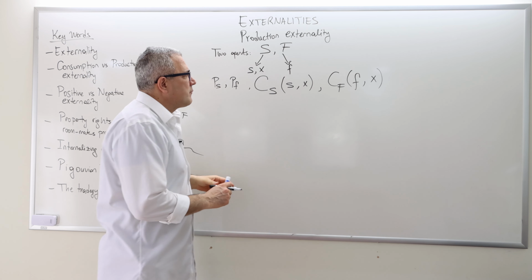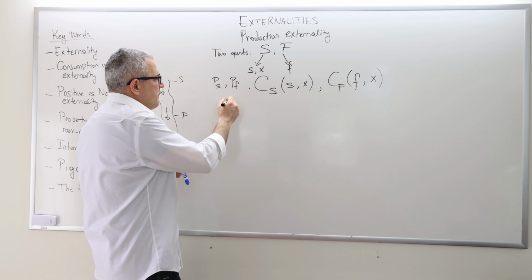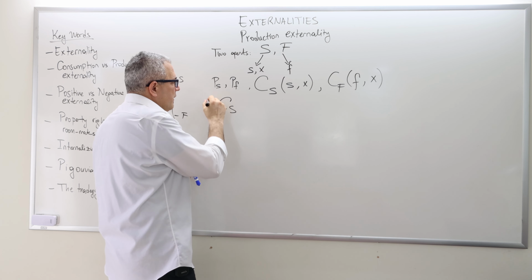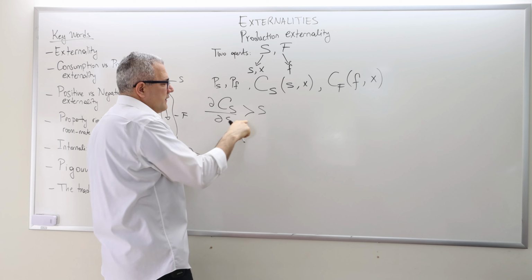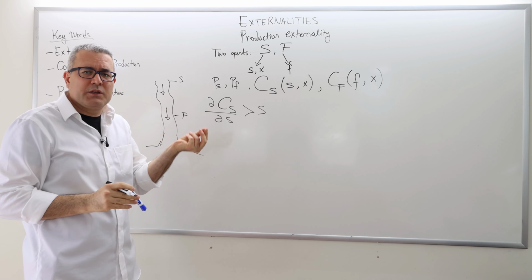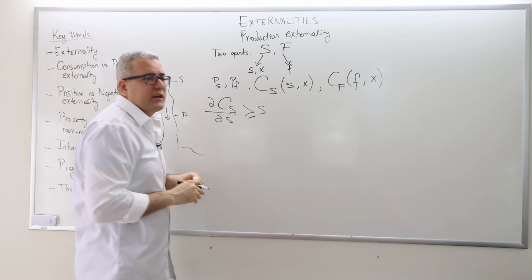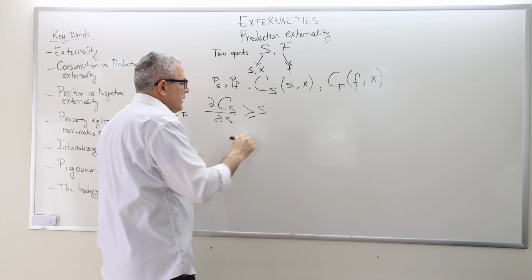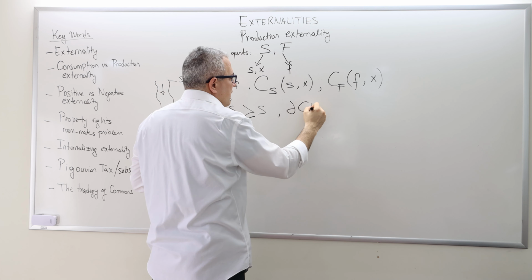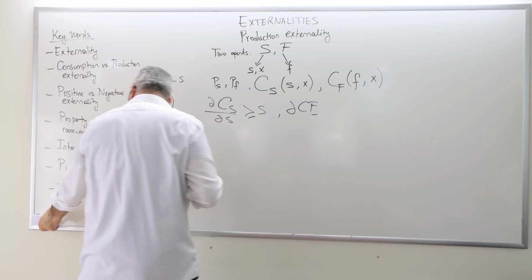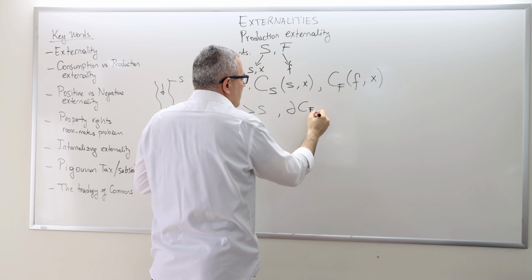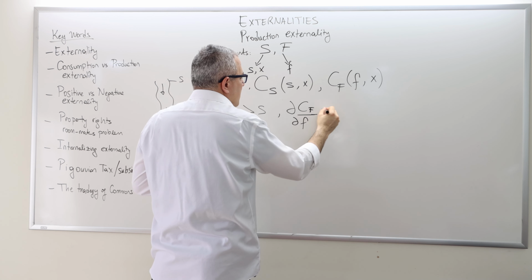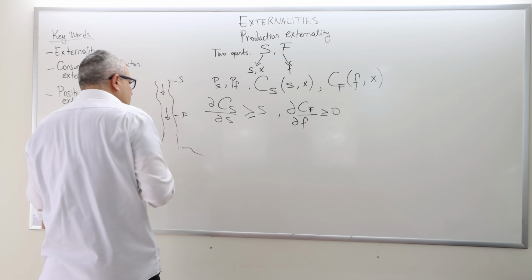As usual, the cost functions are going to be increasing with s. The marginal cost of production is either increasing or constant with s. And the marginal cost of the fishery is also increasing or constant.